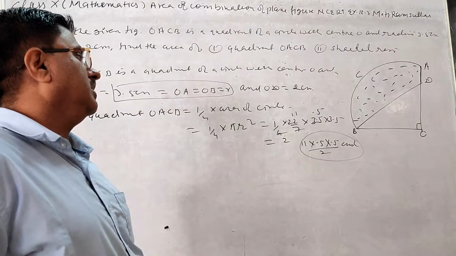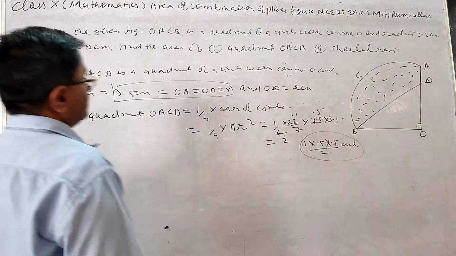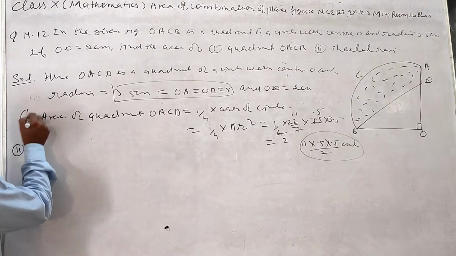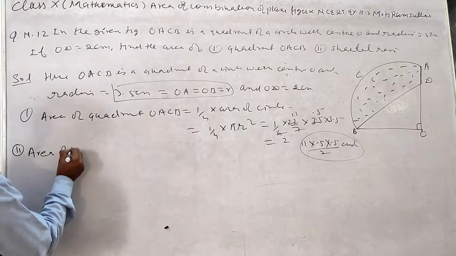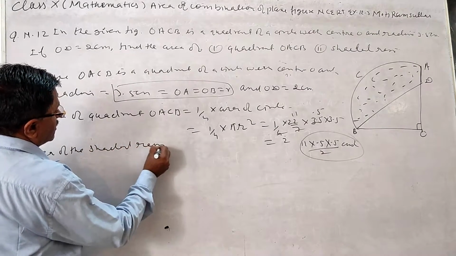Now, area of the shaded region, this region. So see here, the second part we are solving. This is the first area of the shaded region.